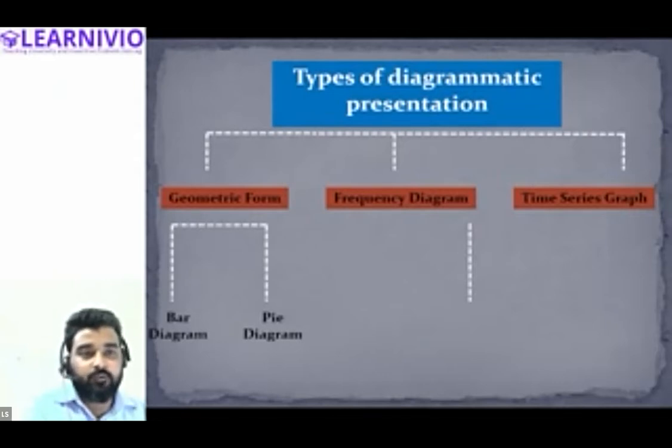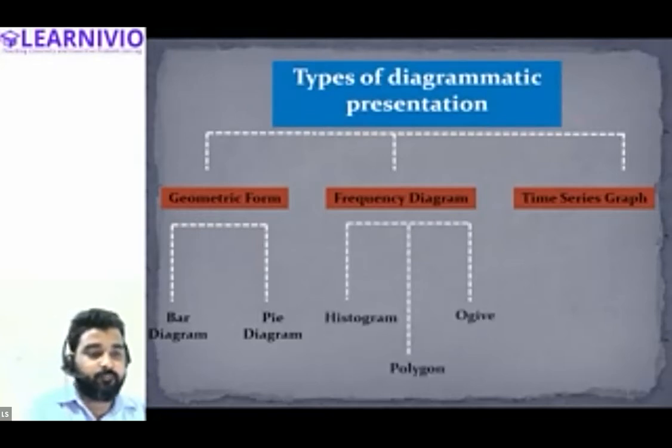Geometric form can be further classified as the bar diagram and pie diagram. And frequency diagram is categorized into three parts: histogram, polygon, and ogive. So these are the various types of diagrammatic representation of data. In this class, we will only be talking about the bar diagrams.